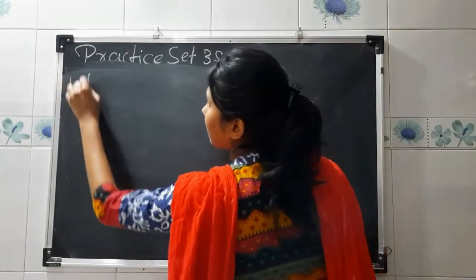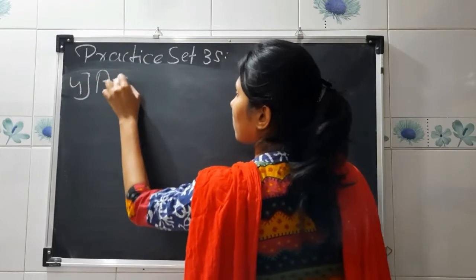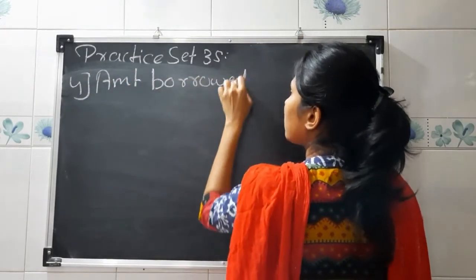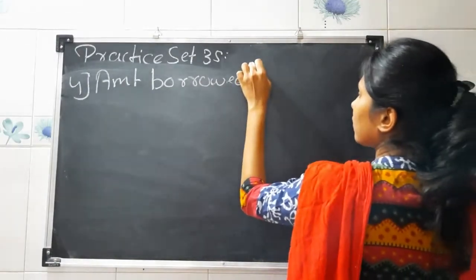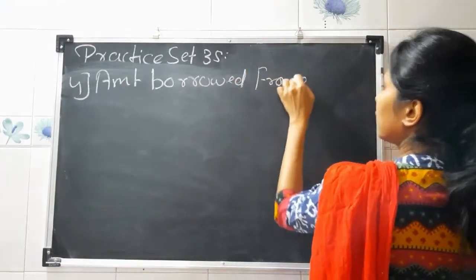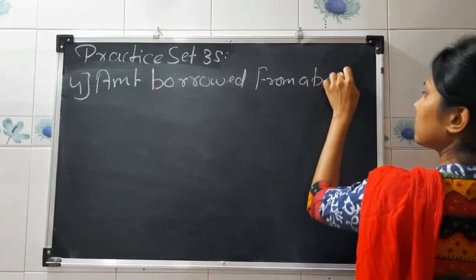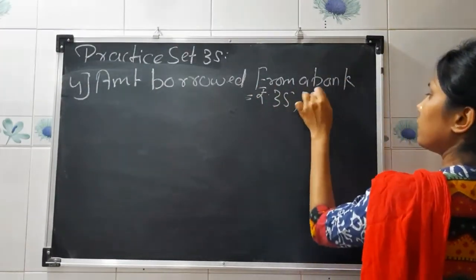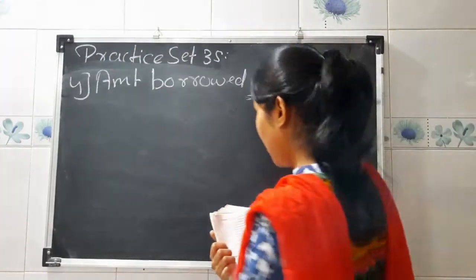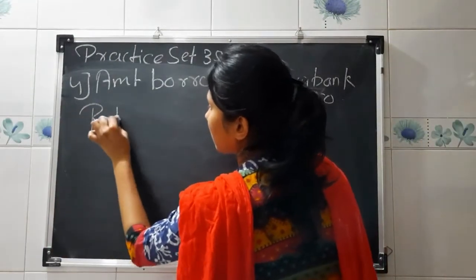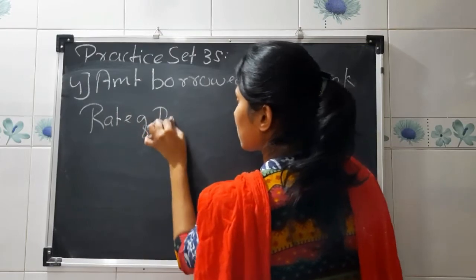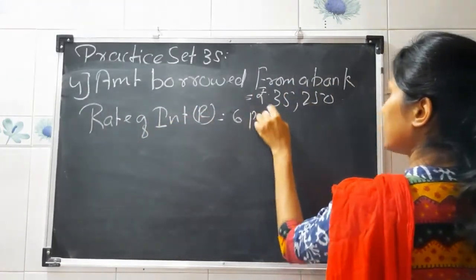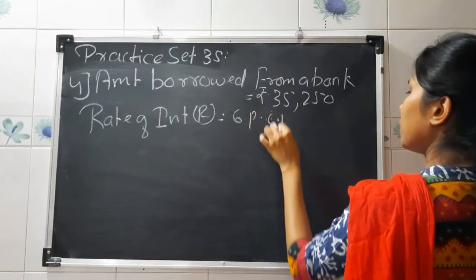So amount borrowed from a bank, 35,250. Rate of interest given, 6% per annum.